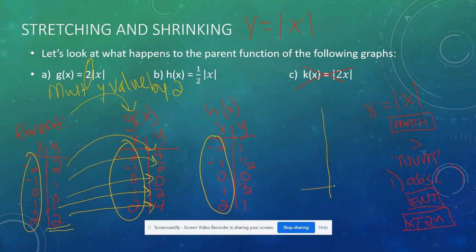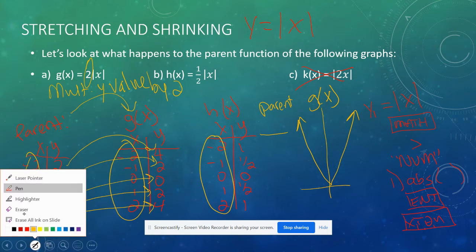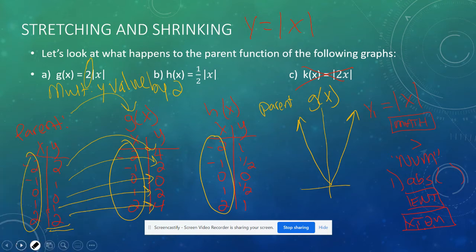And that graph looks more like this. From our parent function, and I'm just making sketches here, that looks more like that. So it looks like the graph stretched upwards from the parent for A.